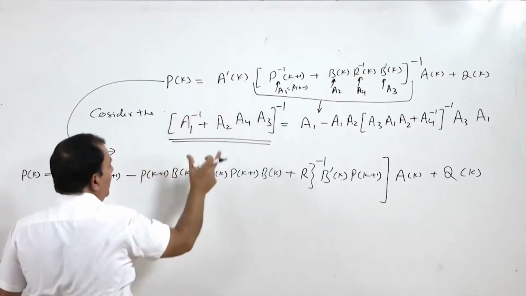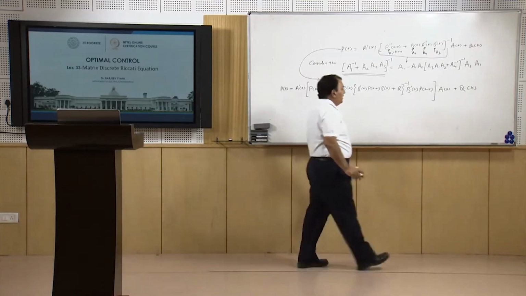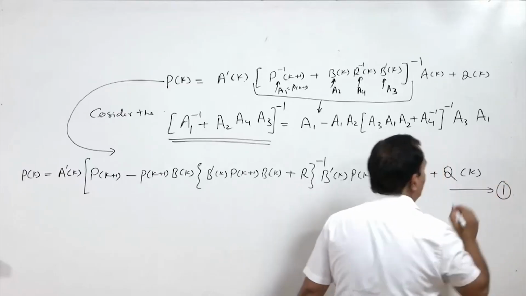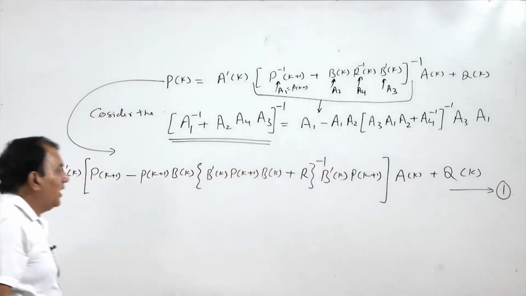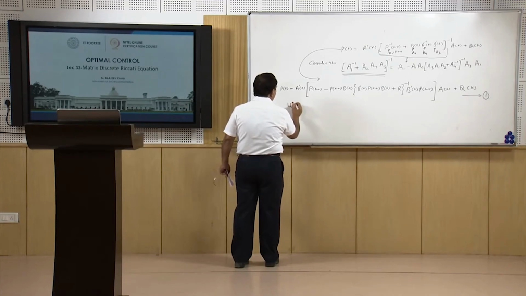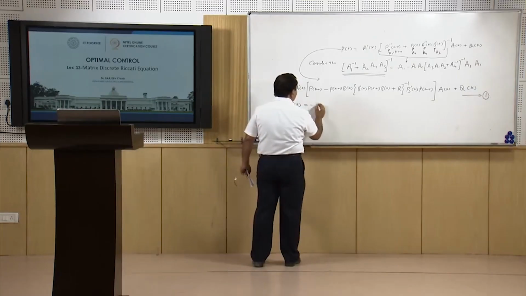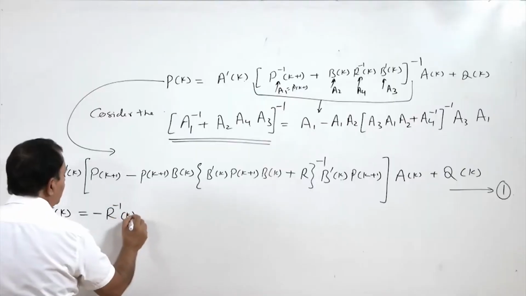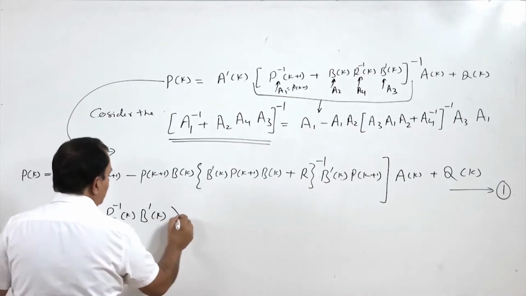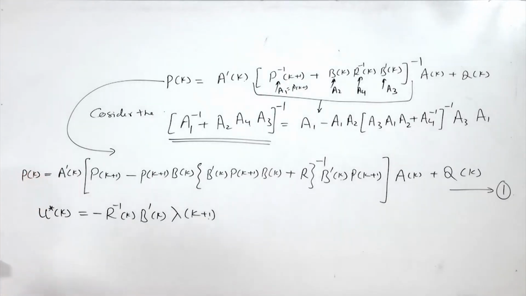So, this equation I can write in this particular form, and let us say this is my equation 1. We will utilize this equation later on. We are given with U star k as minus R inverse B transpose lambda k plus 1.